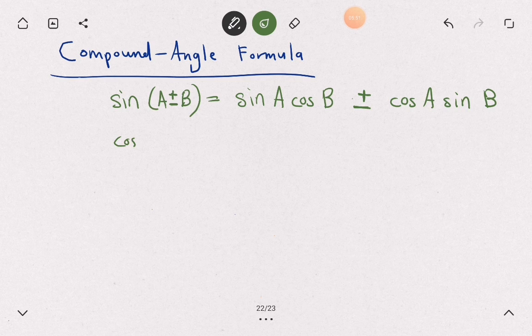Now how about cosine? So let's look at the plus side. For cosine, it's a bit different.